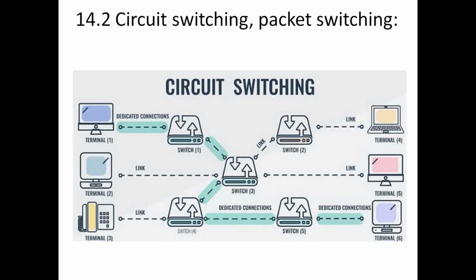If meanwhile terminal 2 has to send a message to terminal 6, it will have to wait. If they have to send a message to anywhere else, they can send, but they cannot use these links or these lines. For now, they are being used for communication between terminal 1 and 6 exclusively. Nobody else can use them unless and until they stop their communication and the links are again available to be used.